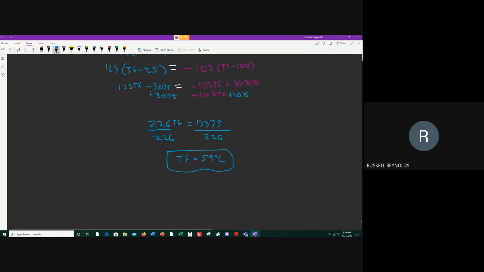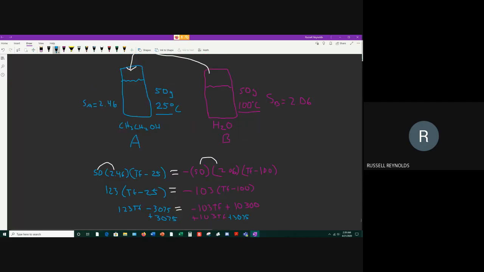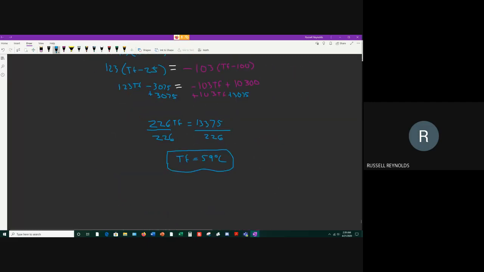And that is how you would solve a thermal energy problem in the context of heat transfer. And you'll get a final answer out, and make sure you include your units in degrees Celsius. And there you go.